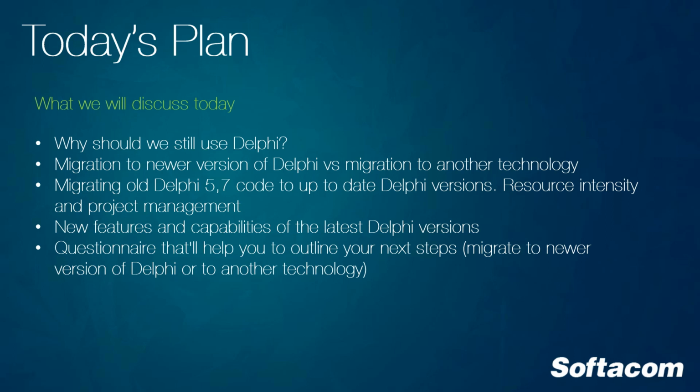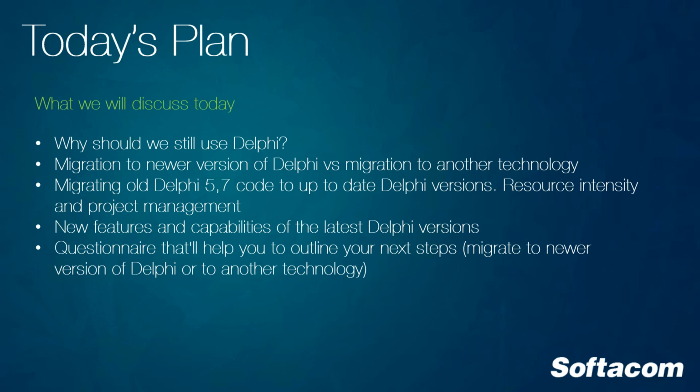anyway. Next we will discuss a roadmap for how to migrate from Delphi 5 and 7 versions to the up-to-date versions. I will provide some real use cases. Of course, we will discuss a couple of new features and capabilities of new Delphi versions, because we have to provide evidence for decision makers that right now Delphi is an actual technology and we still have to use it.